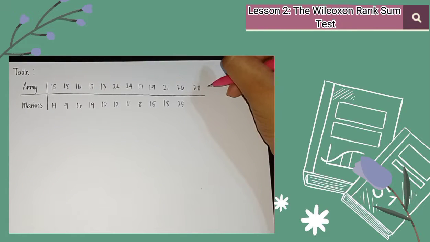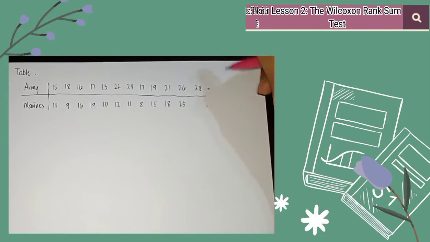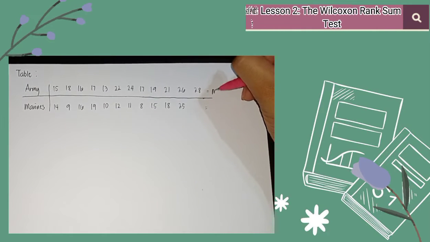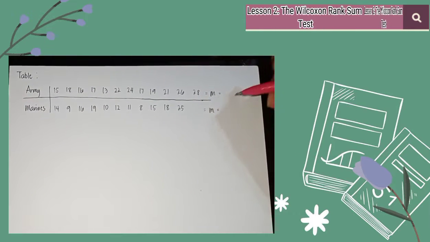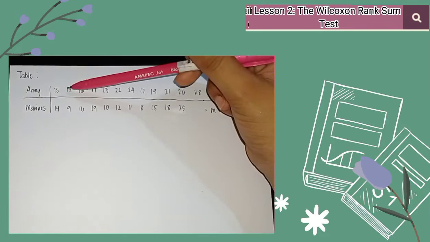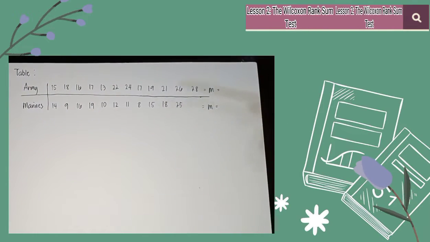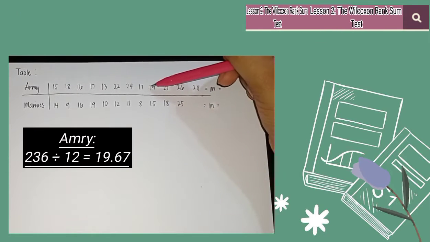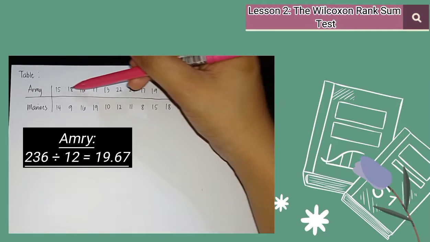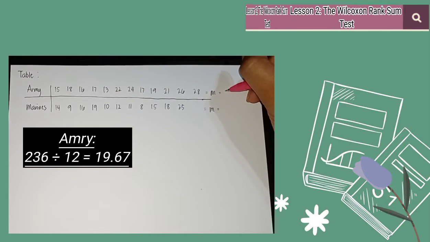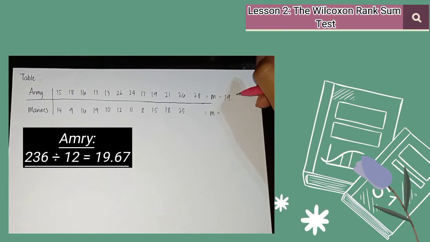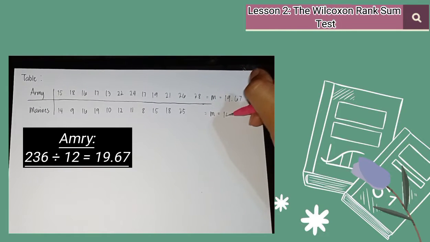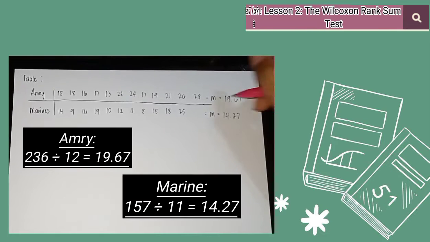So now, in order to have the mean, just add the Army and Marines values and divide by the number of recruits. We have here 19.67 for the Army, and the Marines have 14.27.